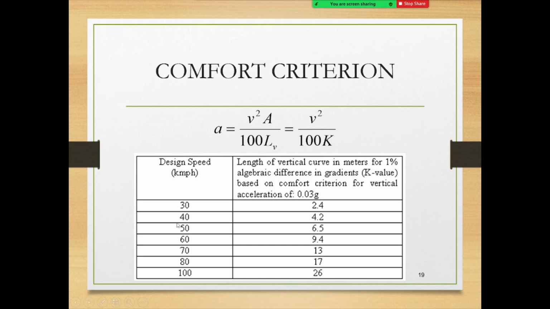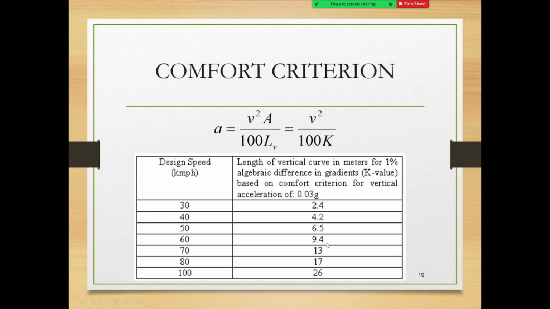If it is 50 kmph, you have to have a K value of 6.5, right? If it is 70 kmph, you have to have a K value of 13.